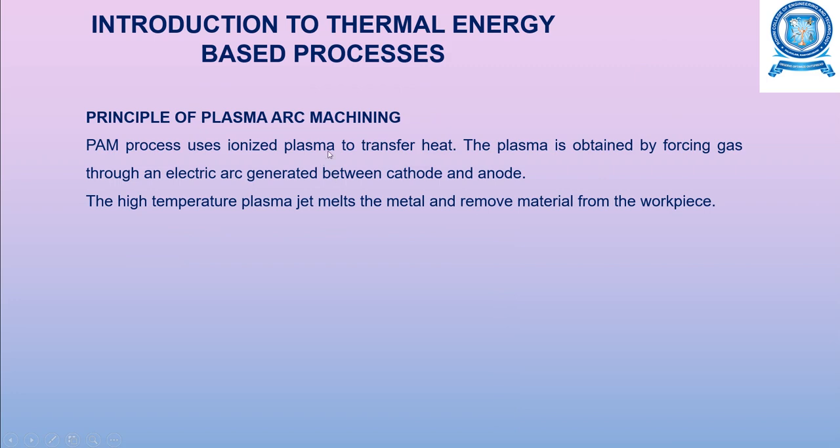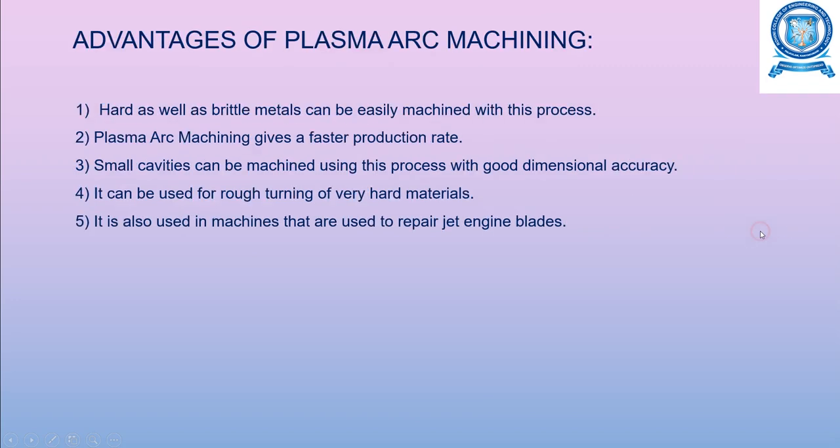So, the principle of plasma arc machining: it uses ionized plasma to transfer heat, and this plasma is obtained by forcing gas through an electric arc generated between the cathode and the anode. This high temperature plasma melts the metal and removes the material from the workpiece.